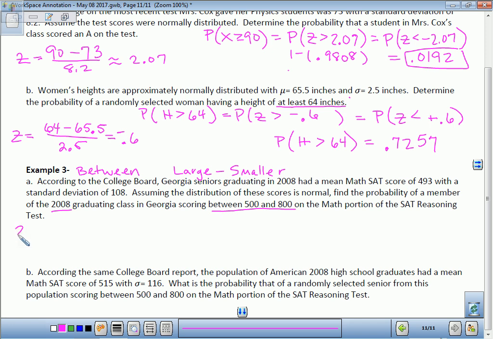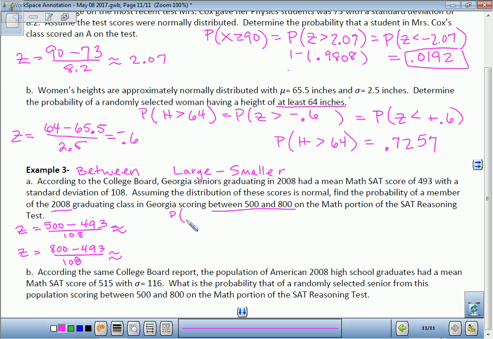So we have two z-scores that we have to find. A z-score for 500 and a z-score for 800. So data minus mean, divide by standard deviation. So we have to convert both of these to z-scores.